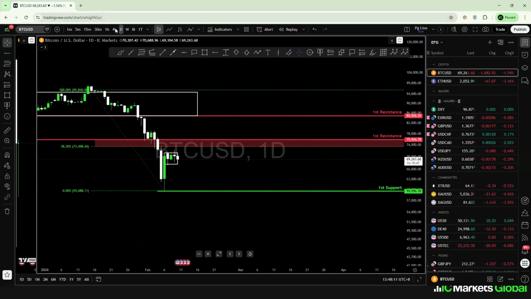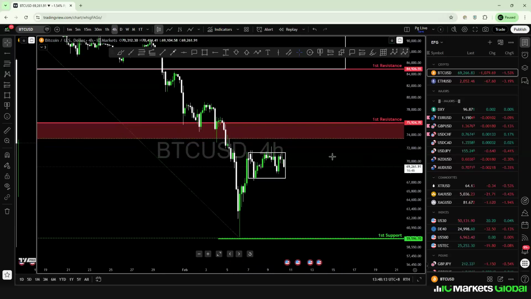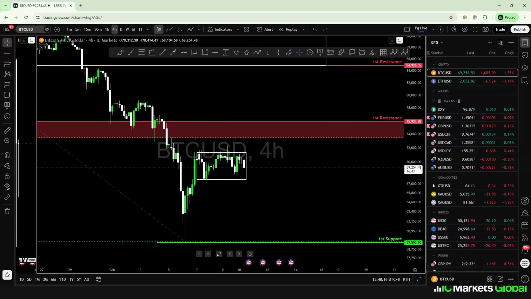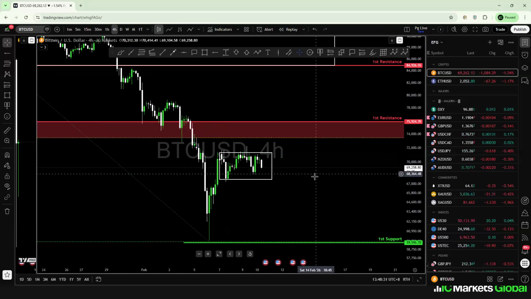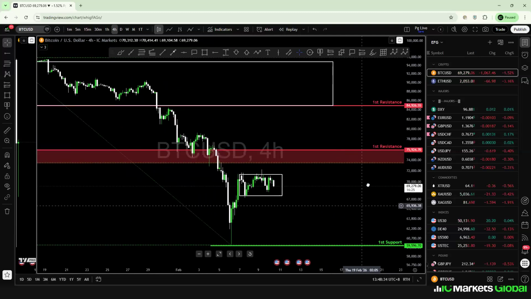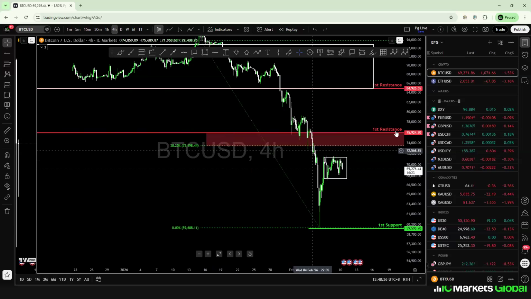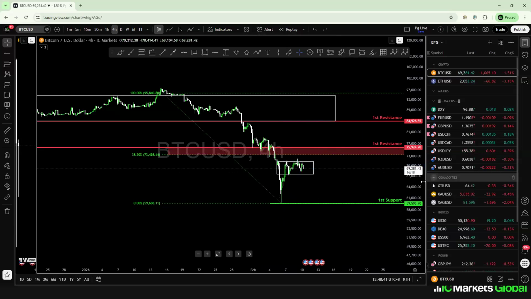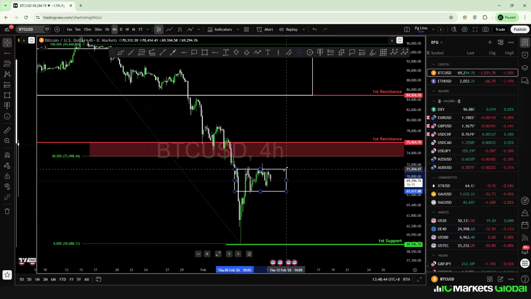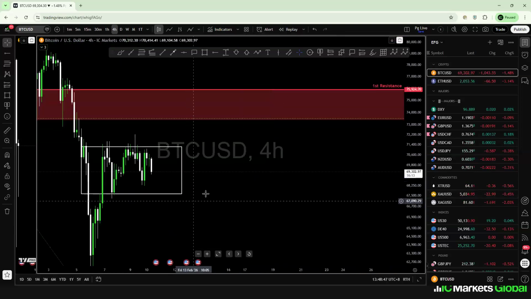Now in H4, they are sideways as well. So we just wait for them to pull back, or at least break out of this sideways.